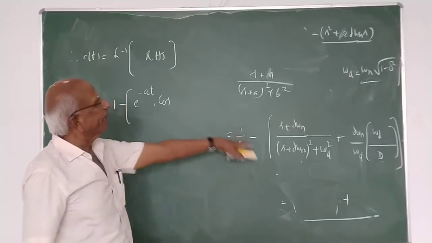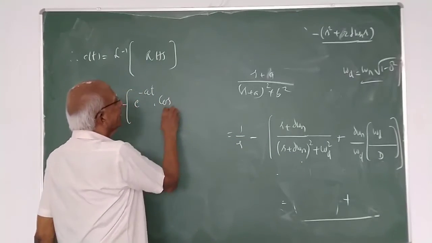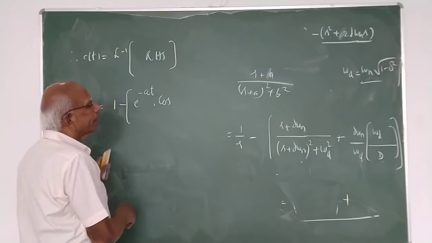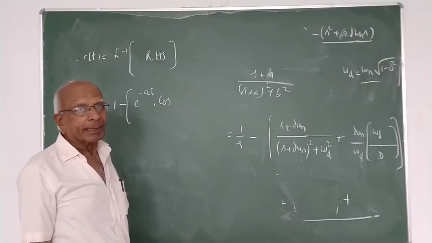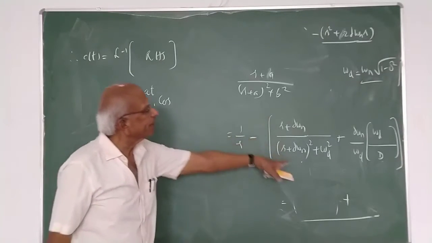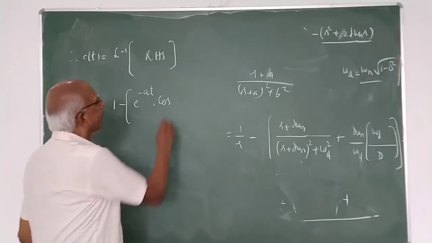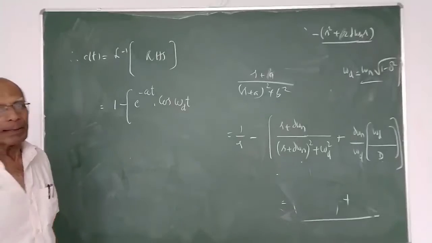So what is a here? Instead of a you have delta omega n, correct? It is cos of what? Frequency. Cos bt. What is b here? Nothing but omega d. So omega d t. Okay?